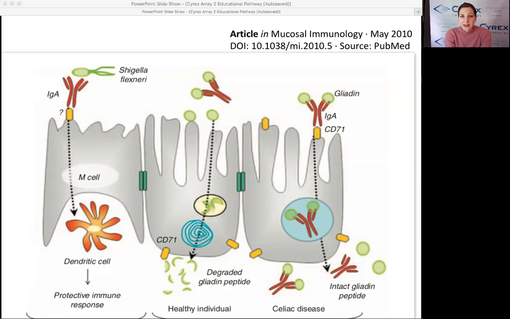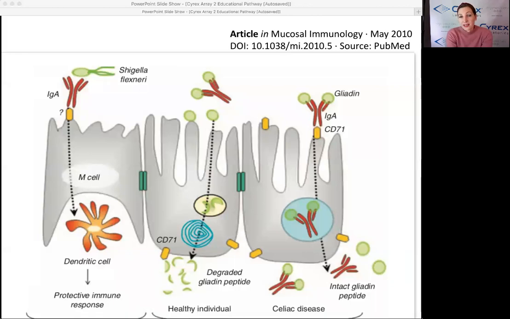And in some cases, this apical to basal transport using the IgA-mediated transport can be protective. So you'll see on the left-hand side of the slide here, with Shigella infection, that IgA-mediated transport, in fact, allows the infection to be taken care of by the systemic immune system, and this actually helps to preserve the intestinal barrier integrity.